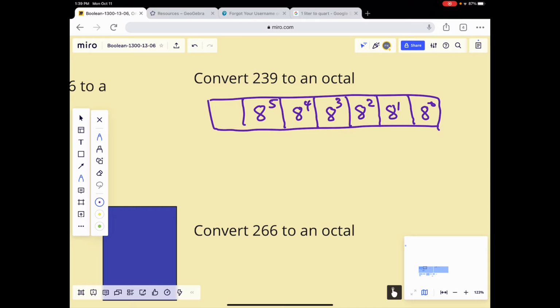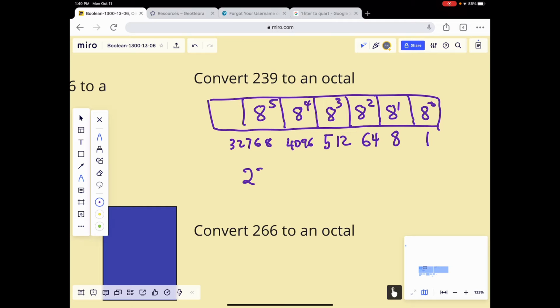We have more to the left, but they're really big numbers. So the decimal values of all these numbers are 1, 8, 64, 512, 4096, and 8 to the 5th power equals 32768.